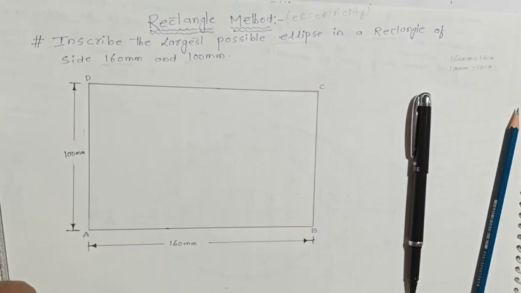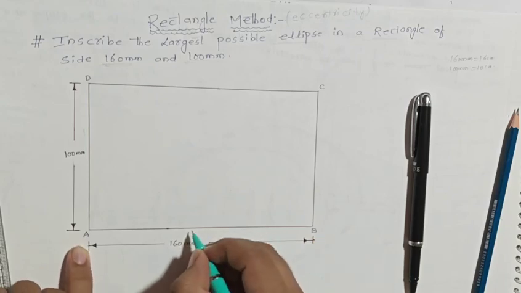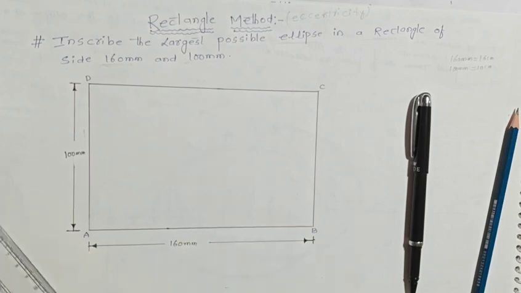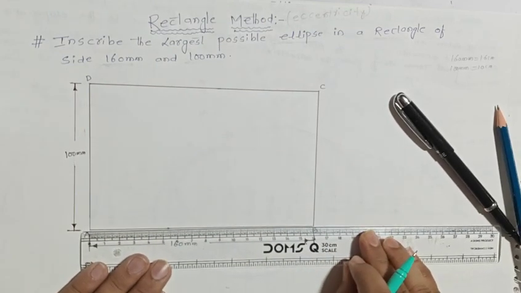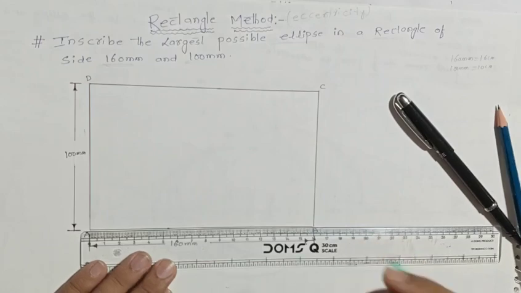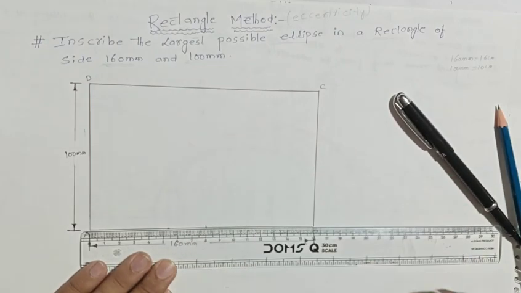So we need to draw the median point from each line. The length A to B is how much? 160 mm. The half should be how much? It should be 80 mm. You need to measure the length from A to B, 80 millimeter. This is the center point. Clear?